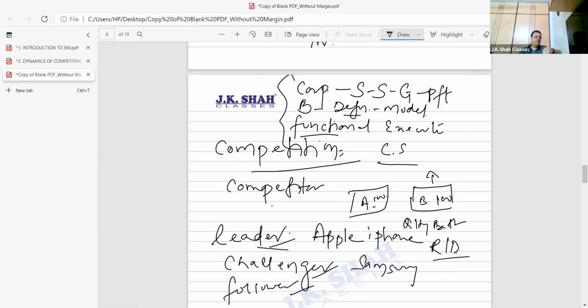They sell that phone for 1,25,000, 1,30,000 rupees. People buy. Then Samsung learns the tricks of the trade and develops a cheaper version of that. Maybe at times they make a better version of it, and at the same time they give it cheaper. That is the challenger. And after some time, students, when Apple is not interested in that, Samsung is also not much interested, then MI comes.